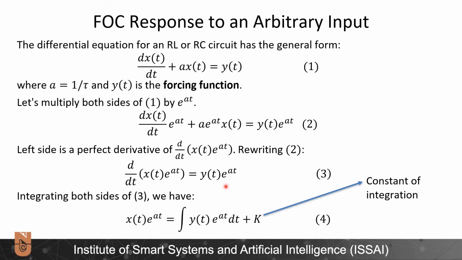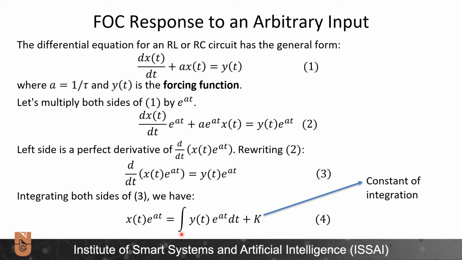Now I end up with expression 3: d over dt of x(t) e to the power of at is equal to function y multiplied with e to the power of at. Now if I take the indefinite integrals of both sides, the d over dt differential operator goes away on the left side, and on the right side I end up with the integral of this expression plus a constant of integration.